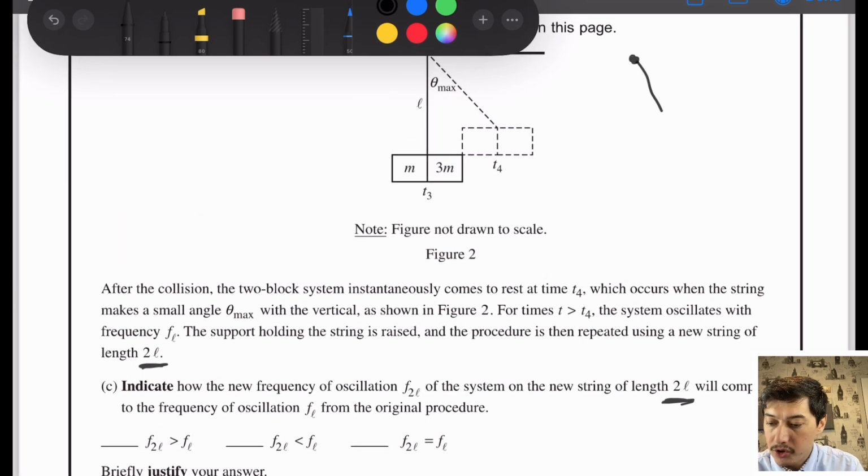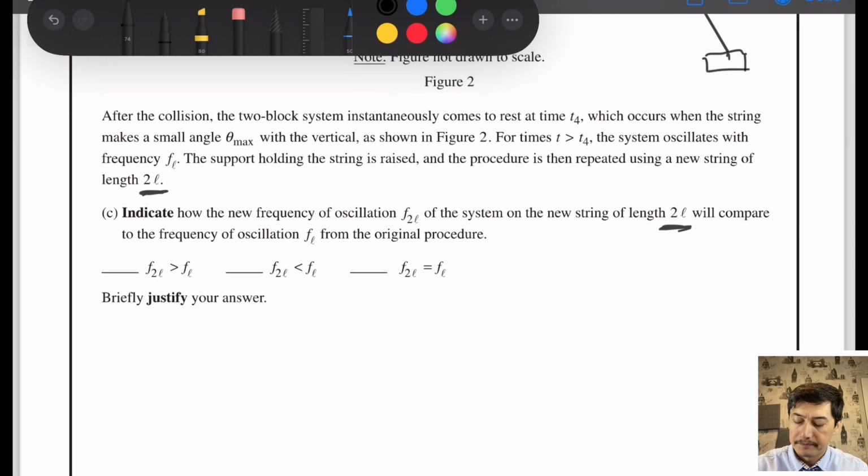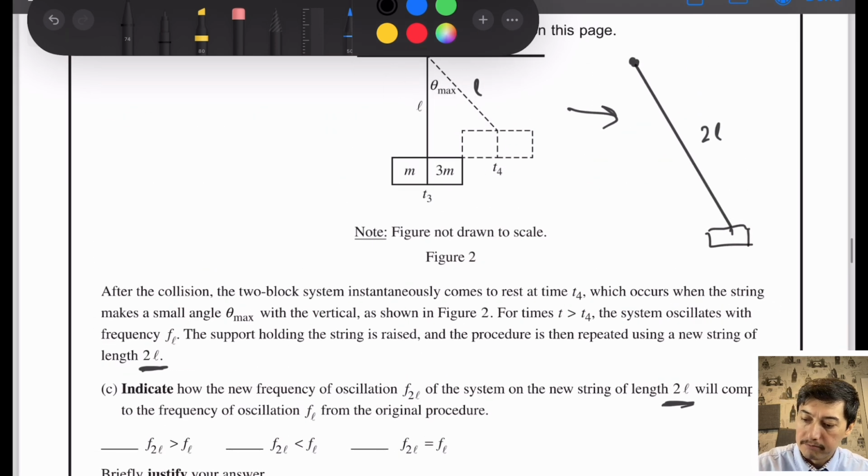what is the change? The length of the string doubled. If at the beginning it was L, it's becoming 2L. We know that the period of such oscillation, it's kind of a simple pendulum, is expressed as 2 pi times the square root of L over g.